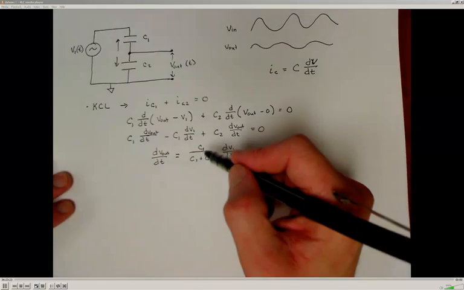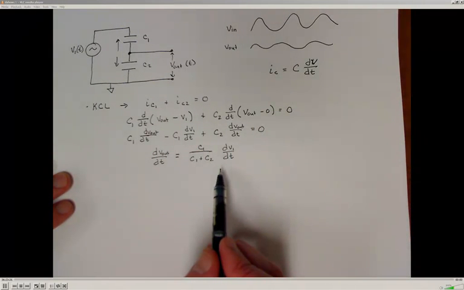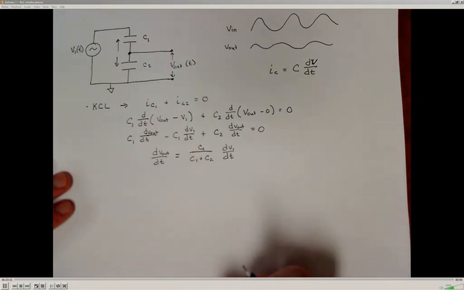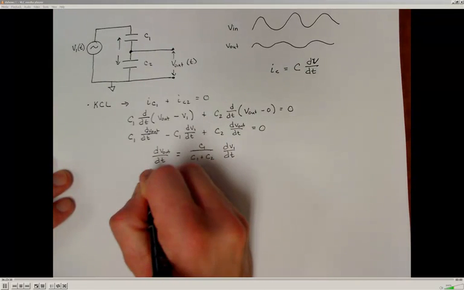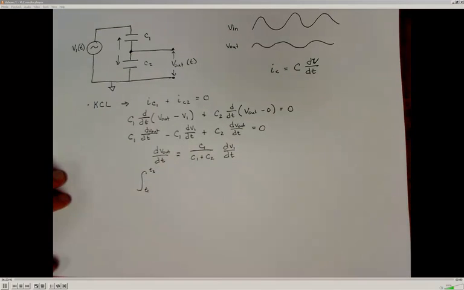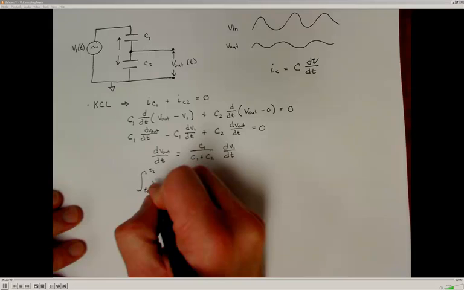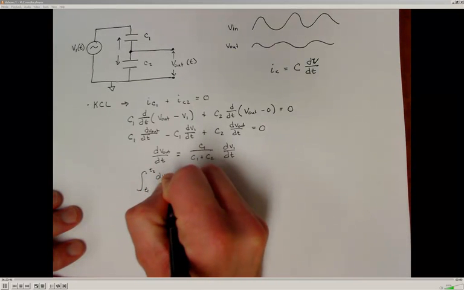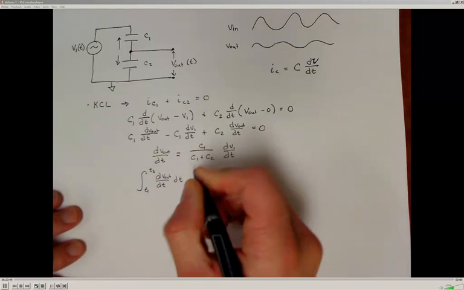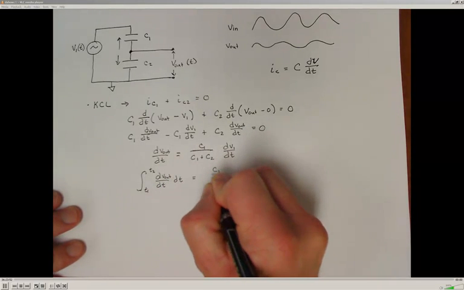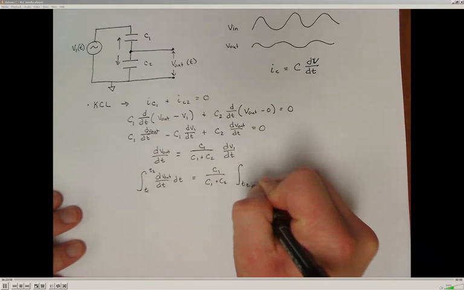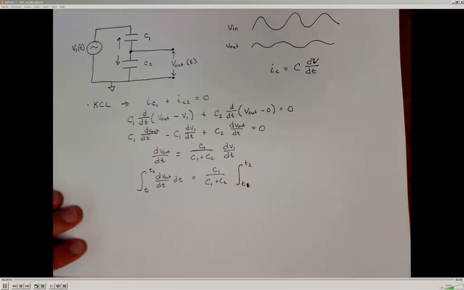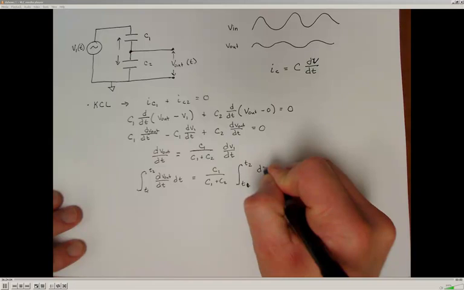Okay. After I do that algebra, I recognize that this is a fully separable differential equation. All I have to do to come up with the solution for this is to integrate both of these with respect to time. So if I integrate from time 1 to some other arbitrary time, time 2, dV out dt with respect to time, and then I pull my constant capacitance values out, and integrate again from t1 to some other arbitrary time t2 of the input value.